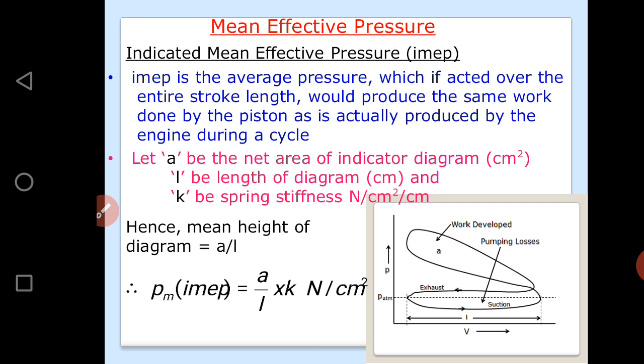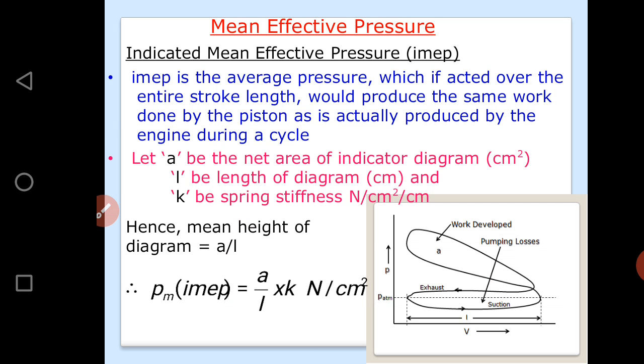Here we discussed the mean effective pressure while calculating from the indicator diagram. Indicated mean effective pressure is the average pressure acting on the piston during the expansion stroke. So we are calculating the average pressure in the stroke.